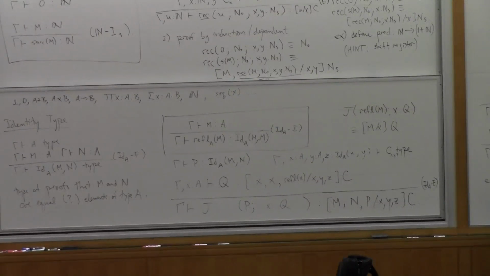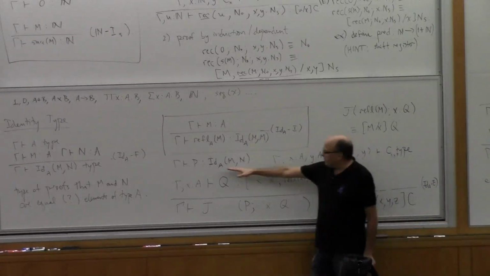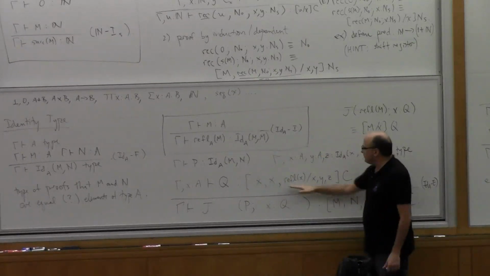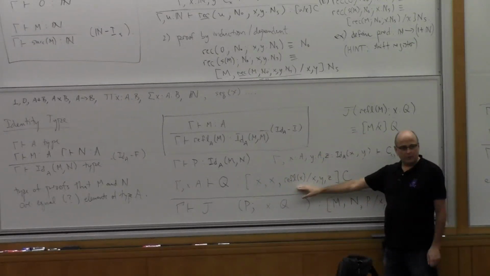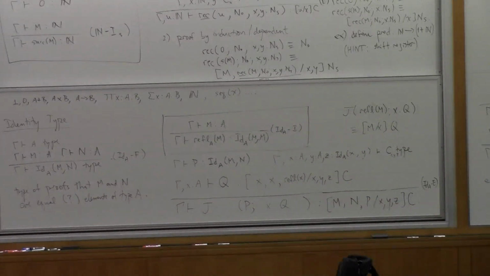Okay, so here's a way of saying it. If I want to prove something about a proof of an identity, it's enough to prove something about the reflexive instance, because the identity is the least reflexive relation. So an induction principle always reduces an abstract situation to a concrete one.